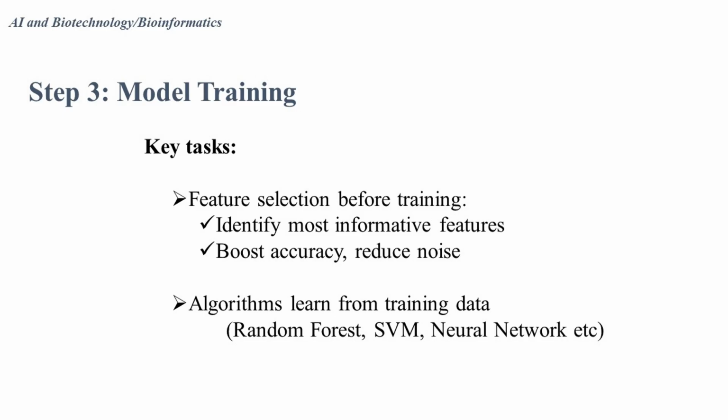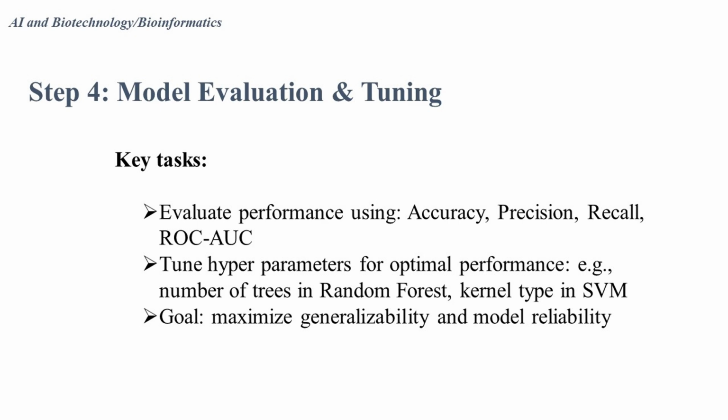After training our model, we evaluate how well it performs. We can assess model performance based on different metrics like accuracy, precision, recall, and ROC AUC curve to understand the model's strengths and weaknesses.